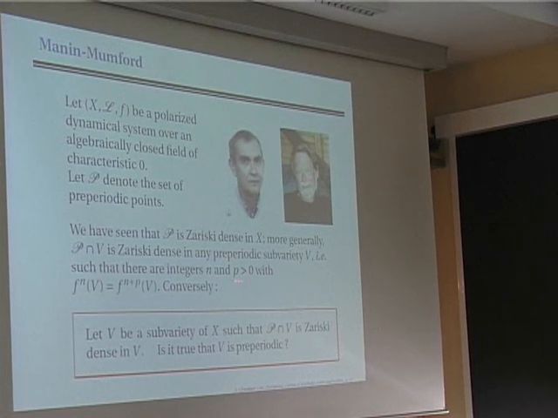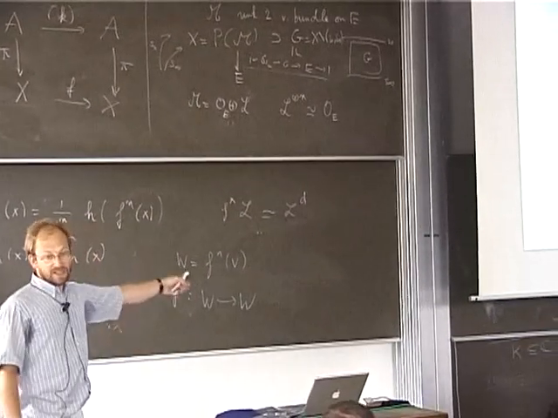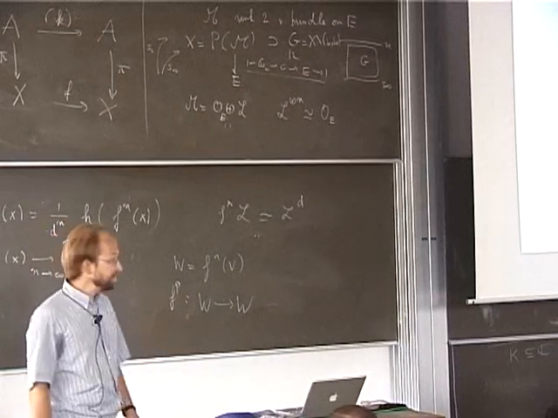It is easy to see that if you consider a preperiodic subvariety V, so that f^n of V is f^(n+p) of V, then the preperiodic points in V are Zariski-dense in V. Let W be the nth iterate of V; you have the map f to the power p, which goes from W to W. But preperiodic points for f^p are exactly the preperiodic points for f.